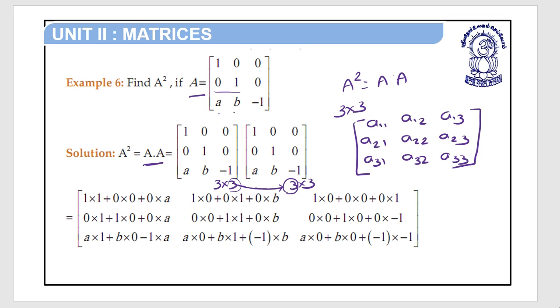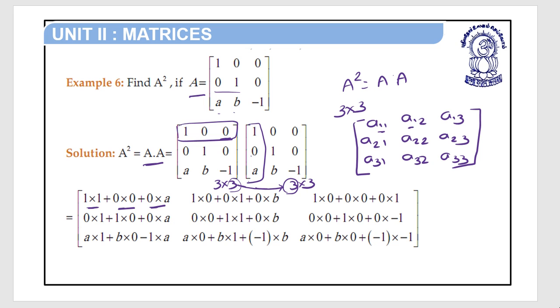So now easily we will take first row and first column: 1 into 1 plus 0 into 0 plus 0 into a. For the second one, 1 into 0.